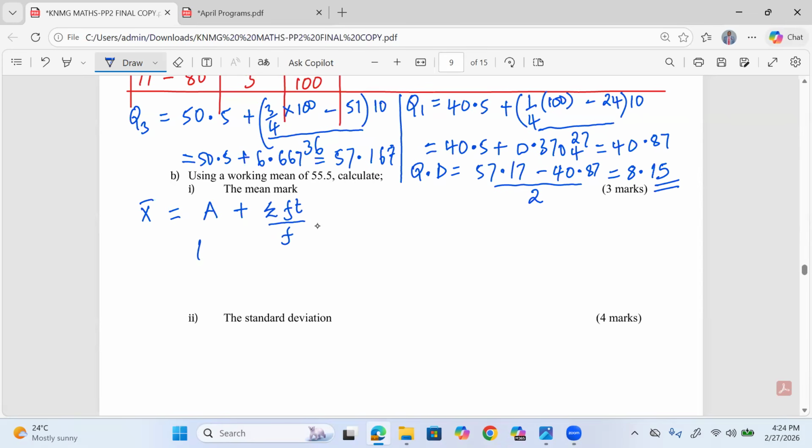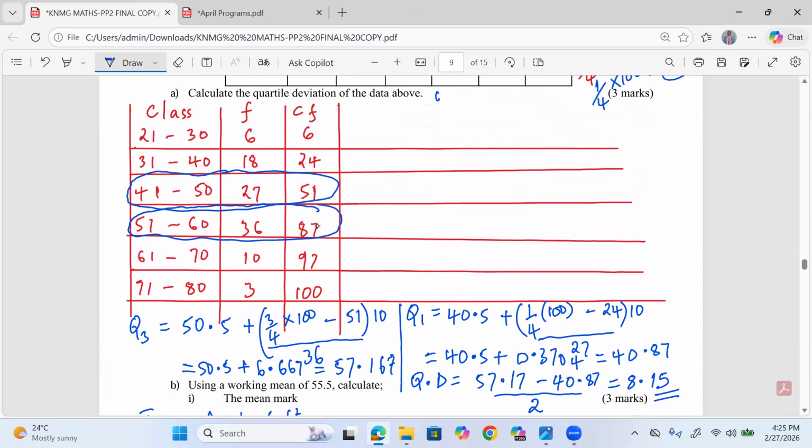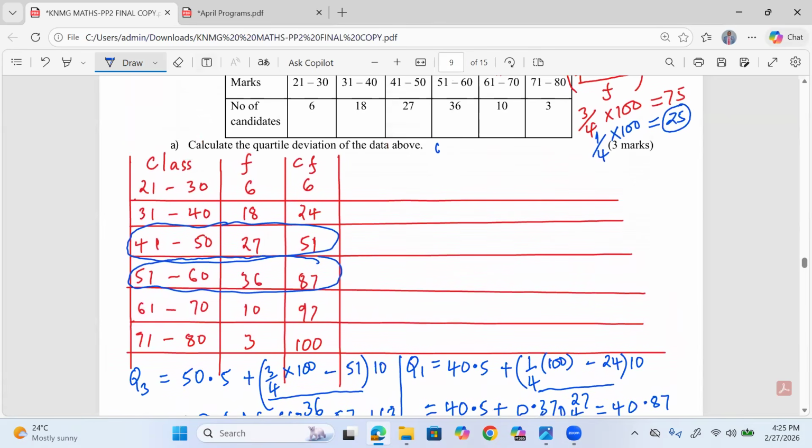And how do we get the deviations? The deviations are gotten by each midpoint minus the assumed mean. So let us get the deviations first. It can be small letter d or small letter t. So we get the deviation t.